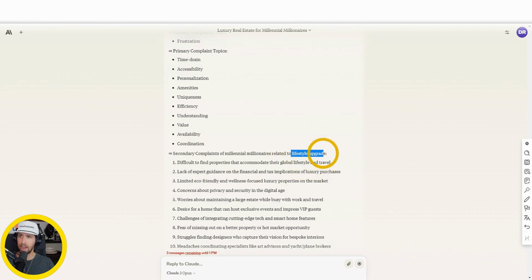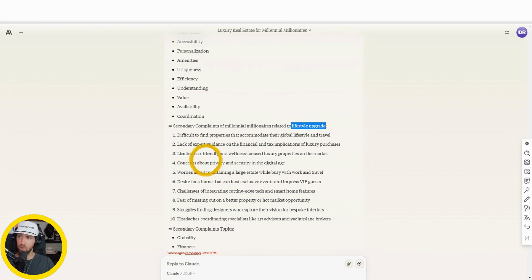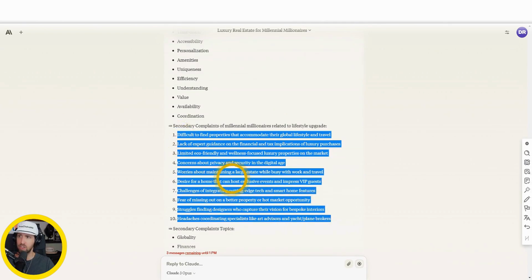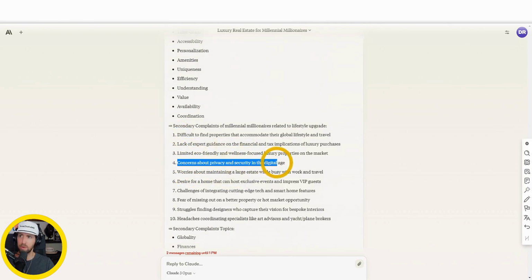So again, highlighting this, lifestyle upgrade is what everything is getting mapped back to. And so how are all these related to their lifestyle upgrade? Finding designers to capture their vision for bespoke interiors, concerns about privacy and security, lack of expert guidance, and tax implications, right?